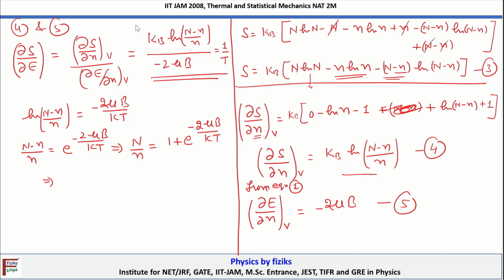So this gives us small n by N equal to 1 upon 1 plus exponential of minus 2 mu B upon kT. So this is our final result.